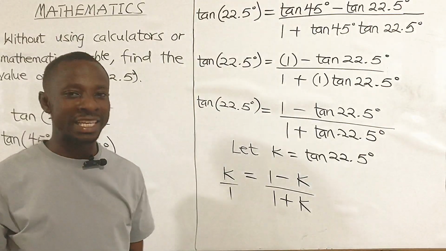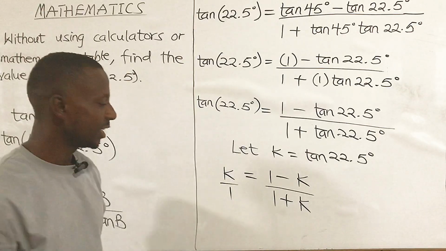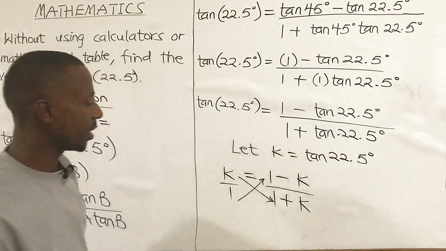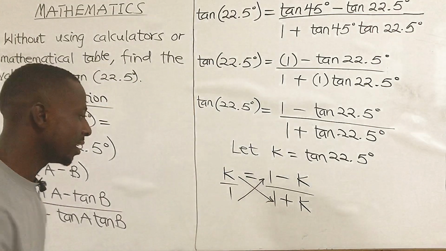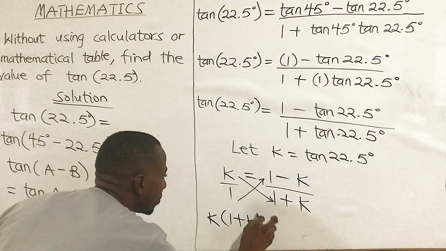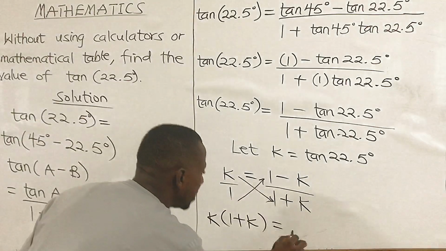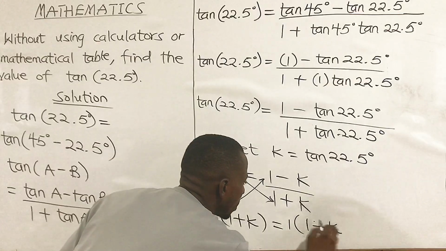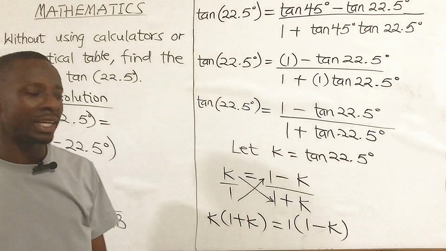And what do you think we are going to do from here? Alright, so we need to cross multiply. So here k is going to multiply this, 1 will multiply this. So we have k multiplying 1 plus k, the denominator, and 1 also multiplying the numerator, which is 1 minus k.